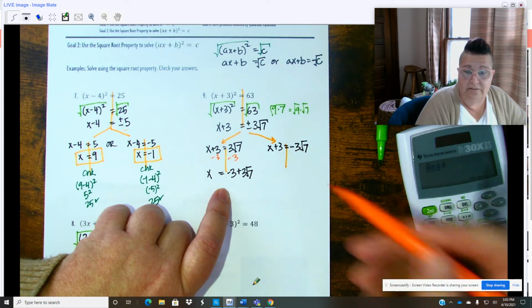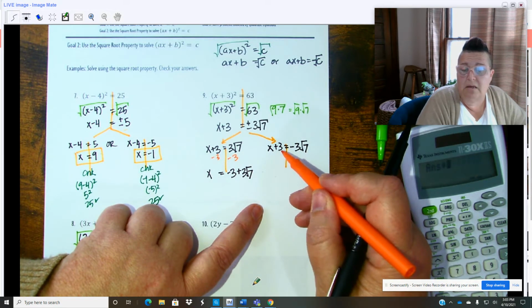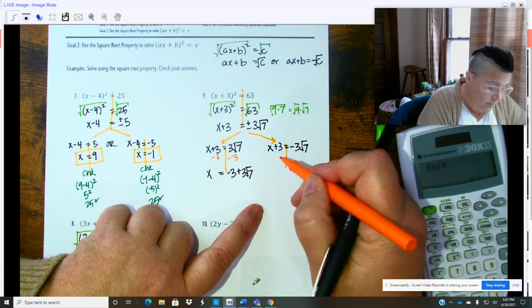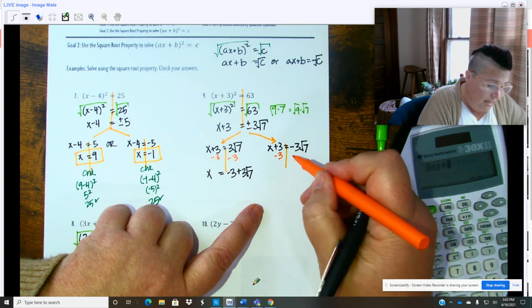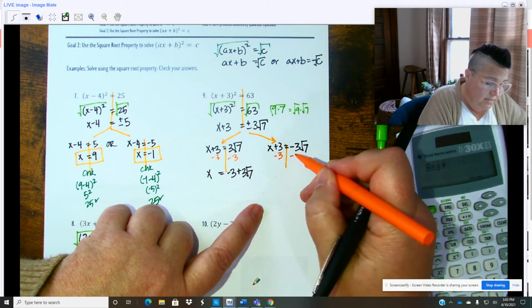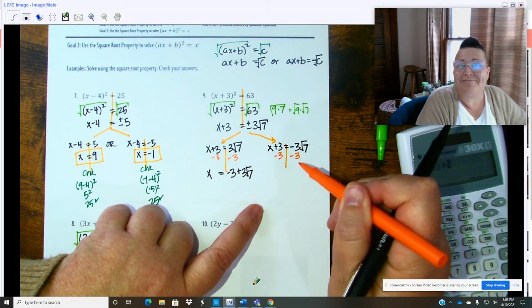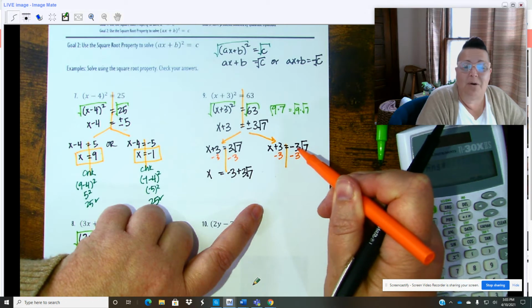The second x value is the same setup. See how it's x plus just a 3 is equal to a negative 3 times the square root of 7? I'm going to isolate the x by subtracting a 3. And again, if I subtract it on this side, I need to subtract it on the right side. They're not the same 3's. This 3 is multiplied by the square root of 7. The only way to cancel out that multiplication is to divide.